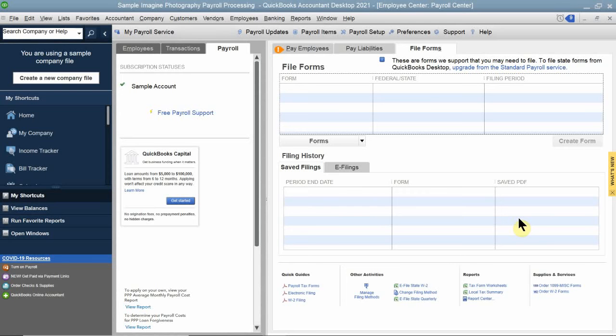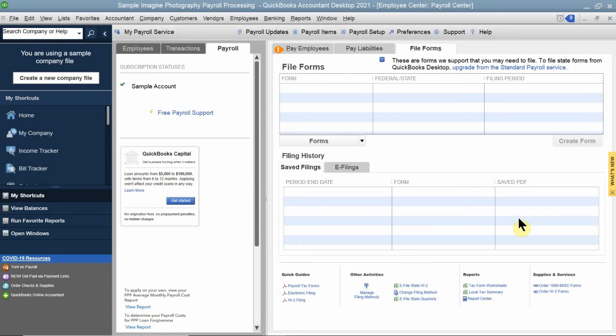But of course, you have to pay for the services in order to activate it. Okay, so unfortunately, you don't have that. But for the basic, at least you're able to pay your employees and pay the liabilities that you owe. But unfortunately, you won't be able to file forms. Okay, so that's a small section I wanted to show you in regards to that.